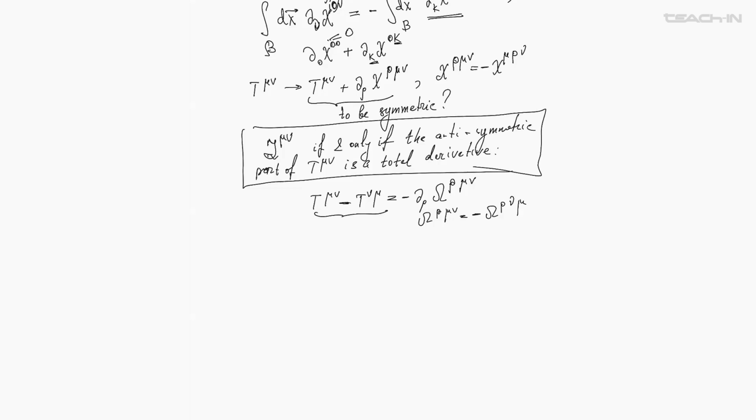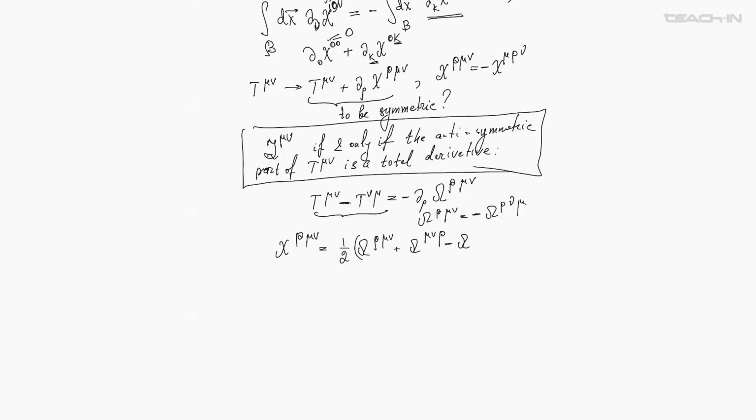We take this improvement term χ^{ρμν} in the following form: 1/2 (ω^{ρμν} + ω^{μνρ} − ω^{νρμ}).